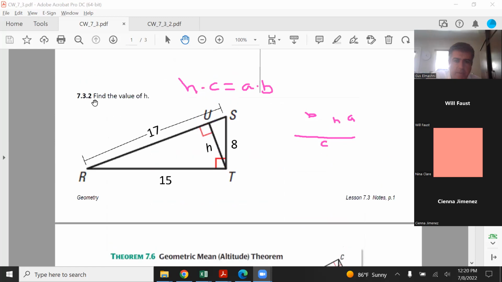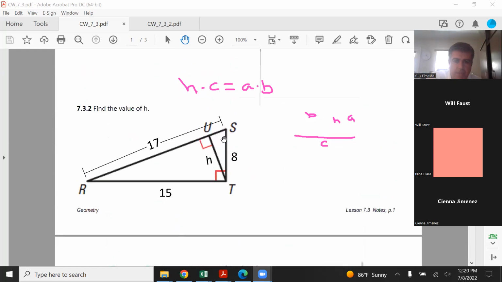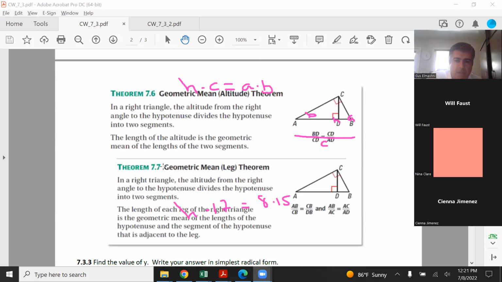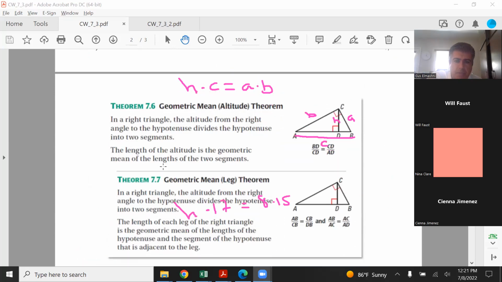That's kind of the quick and easy way. And we could have done that over here. You could have just said H times 17 equals 8 times 15. And that would have worked for us. And it lends itself to something called the geometric mean, which I'll go over in just a little bit.